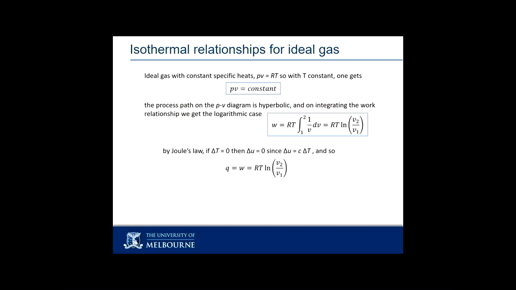It's also important when you hit fluids, when everything gets much, much harder. So, at Joule's law, we said that if delta T equals 0, delta U is 0. And if delta U is C delta T, then what we've got there is that Q equals W equals RT log V2 over V1.